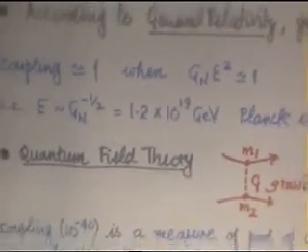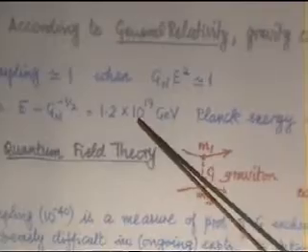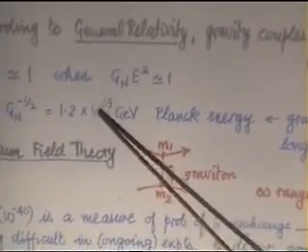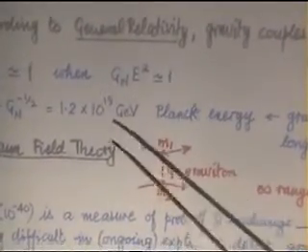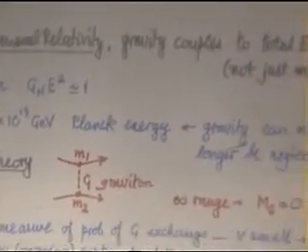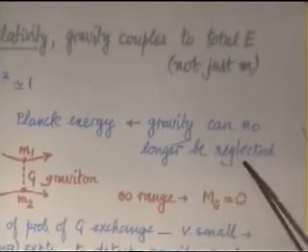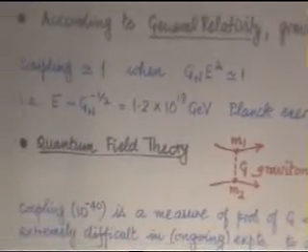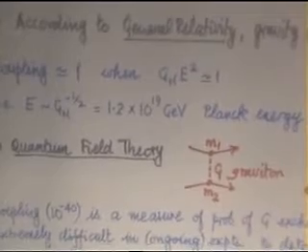When we work out what that is, it's 1.2 times 10 to the 19. The 10 to the 40 has disappeared, because it comes up as a square root, now 10 to the 19 GeV. This is the Planck energy, and at that energy, when the coupling becomes that enormous, gravity can no longer be neglected. But this is a huge energy, way beyond anything we can envisage in laboratory experiments.